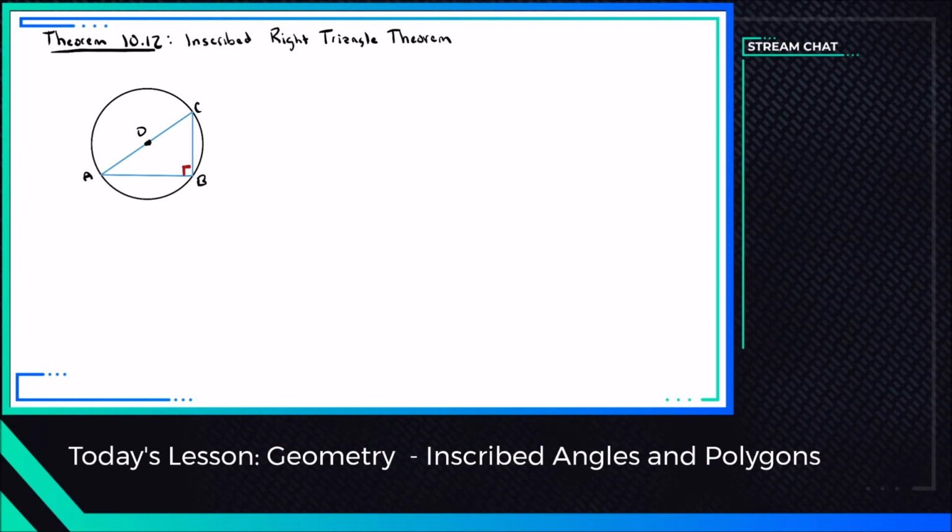In other words, for a right triangle inscribed in a circle, the hypotenuse is a diameter of the circle.